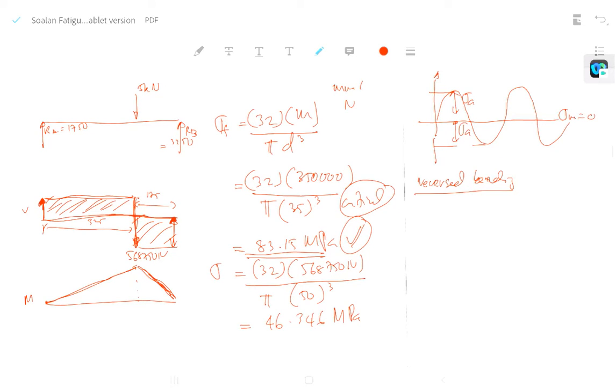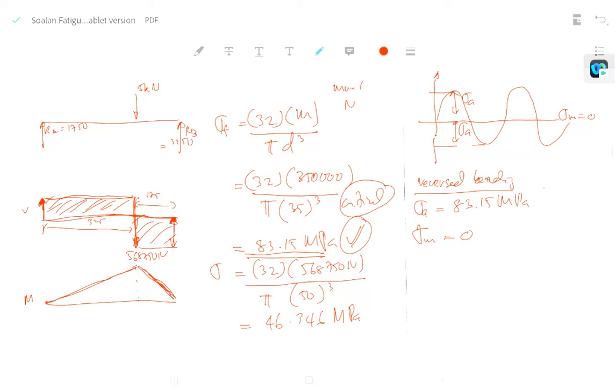The value that we get is sigma A, the alternating stress from the bending, which is 83.15 megapascal, and sigma m is 0.